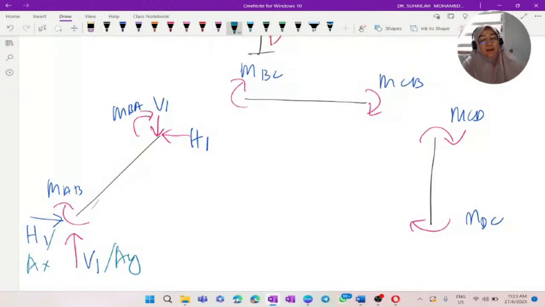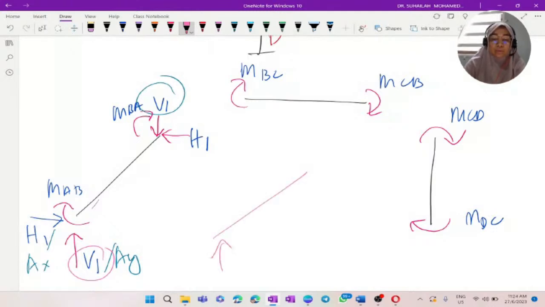Of course, V1 can also be written as AY, and H1 can be written as AX. In this diagram, I just want to show everyone that the V1 here is equivalent to this, because the system must be in equilibrium. If we have 100 going up, there will be 100 going down.